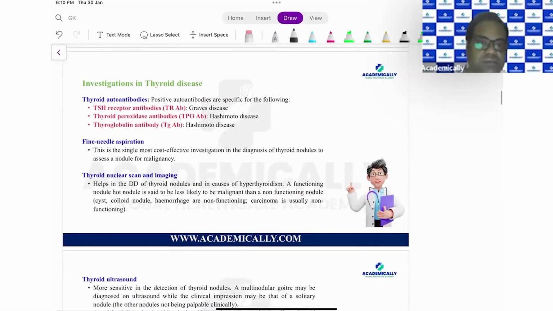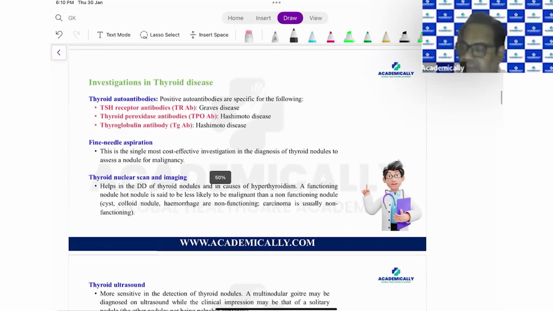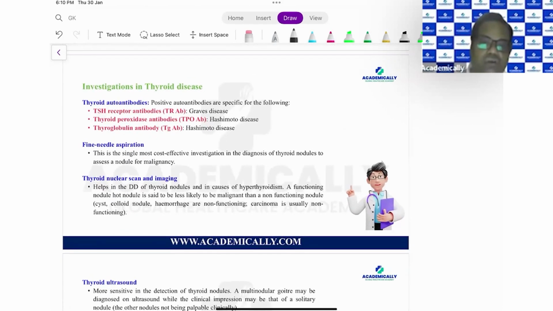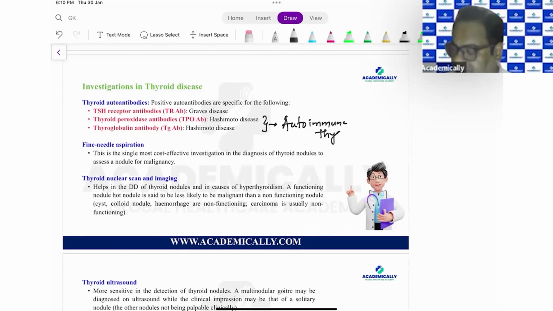Various investigations in thyroid disease. Now, one of them is thyroid antibodies, thyroid autoantibodies. Where will you see thyroid autoantibodies? This is in a condition called autoimmune thyroiditis. There are antibodies against the thyroid cells and they will cause destruction of the thyroid cells.